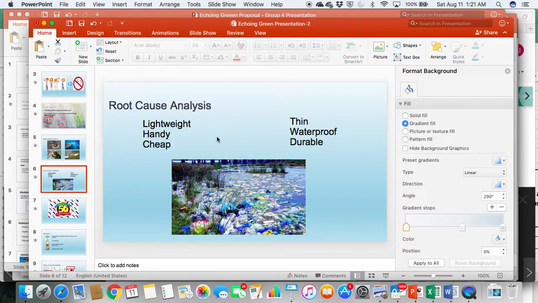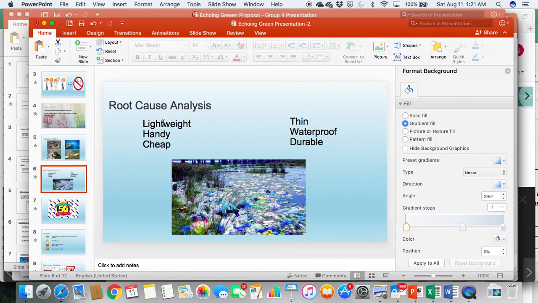So you see what I think is the problem here? This is a photo of plastic bag pollution. We all get it. But this is talking about the innovation, the thing you're bringing to the table.